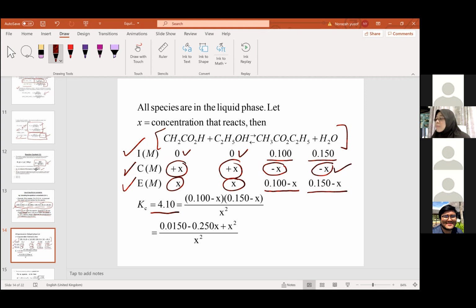So the expression of Kc, because it is a forward reaction, is product over reactant. In this case, because for Kc we still consider ethyl acetate as the product, H2O is the product. So we put all this in, and you have to solve the quadratic equation.